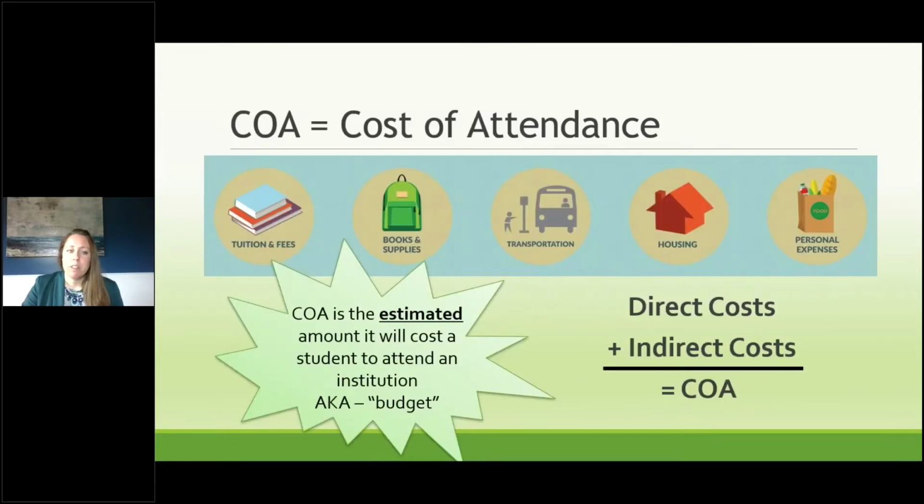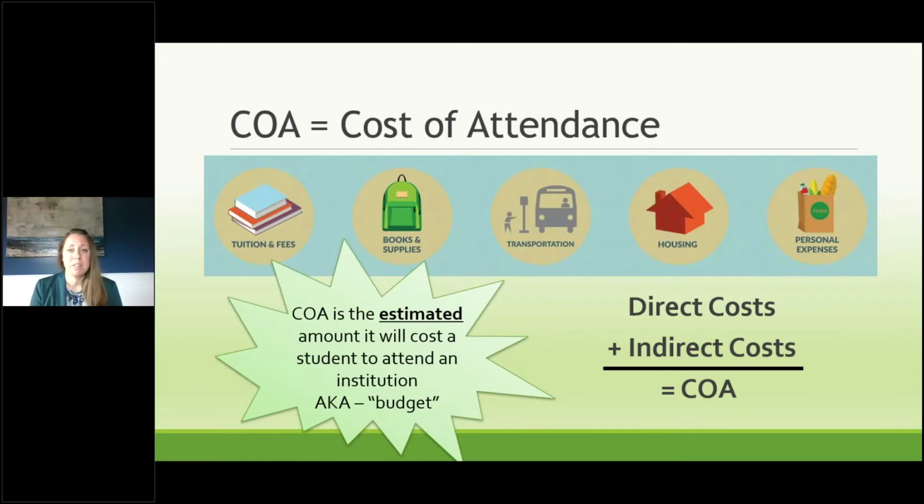One of the most common terms that you'll see used in award letters is COA, or cost of attendance. Just like anywhere else in education, we love to use our acronyms. The cost of attendance is an estimated amount.